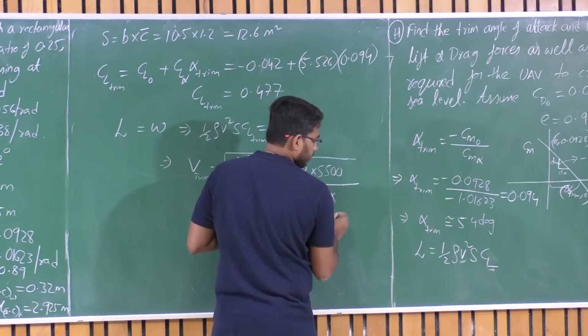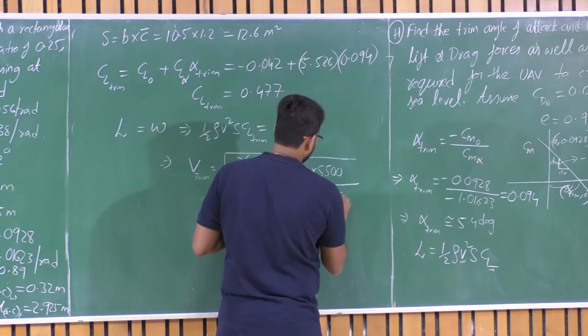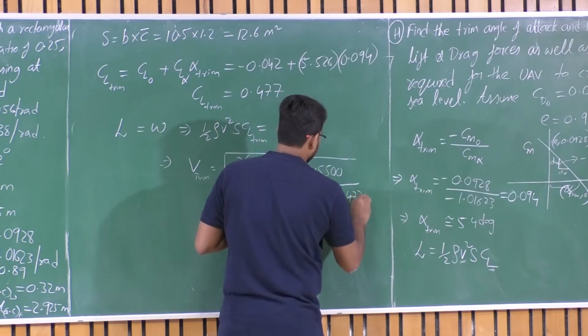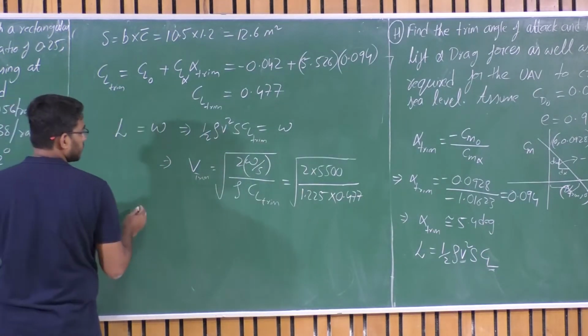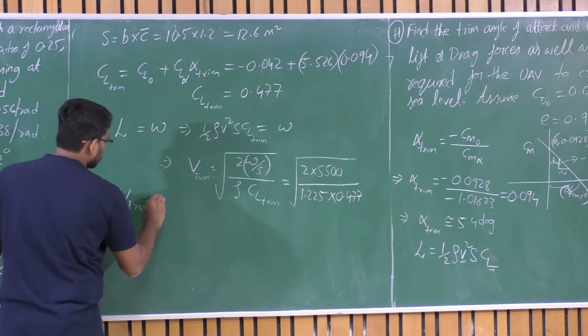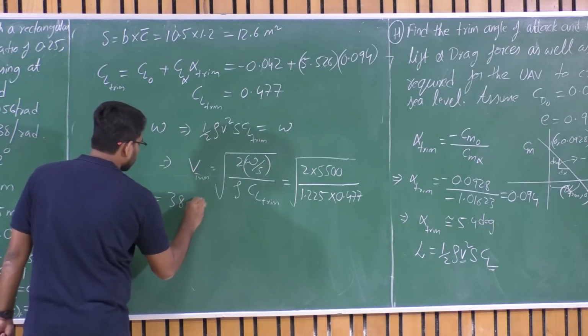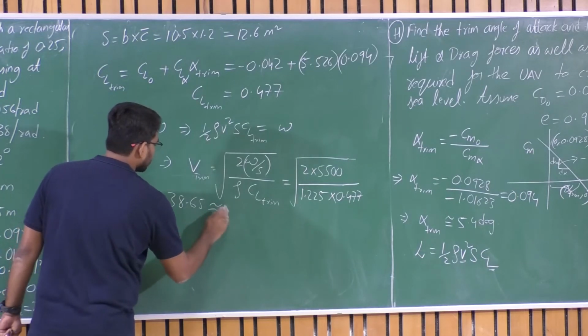CL trim we have is 0.477. So quickly calculate the value of V trim. V trim is equal to 38.65. So close to 40 meters per second, so 39 meters per second, right?